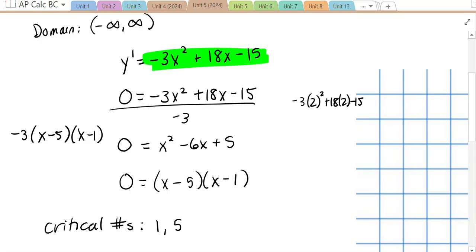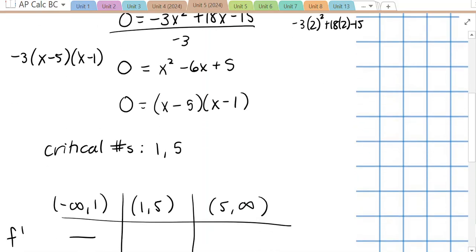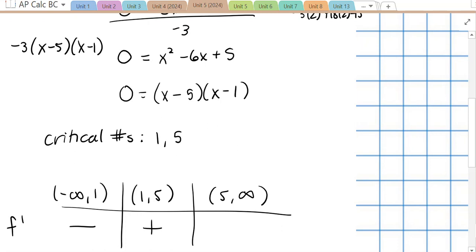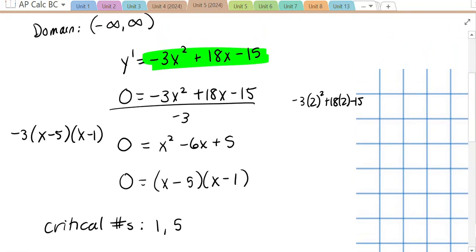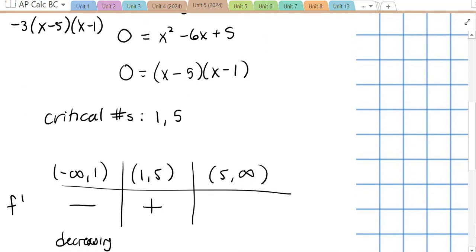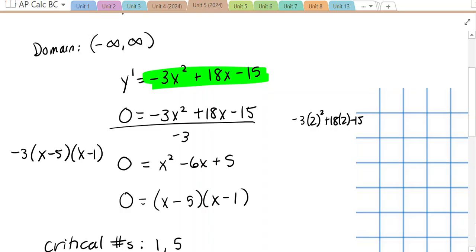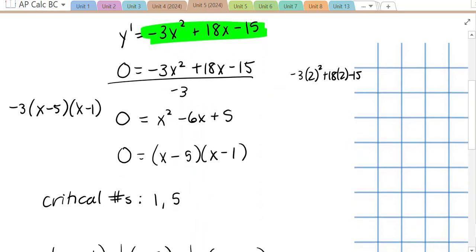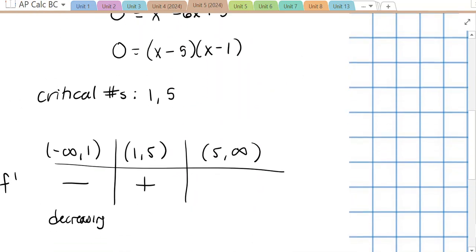That comes out as a positive, because here I have negative 12 and a minus 15, and 2 times 18 is definitely going to be bigger than it. Again, remember when I'm plugging in, I'm less concerned about what the actual output is and more concerned on whether it's positive or negative. And then when I plug in something bigger than 5, like 6, I am going to end up with a negative as well. So this is increasing and this is decreasing.